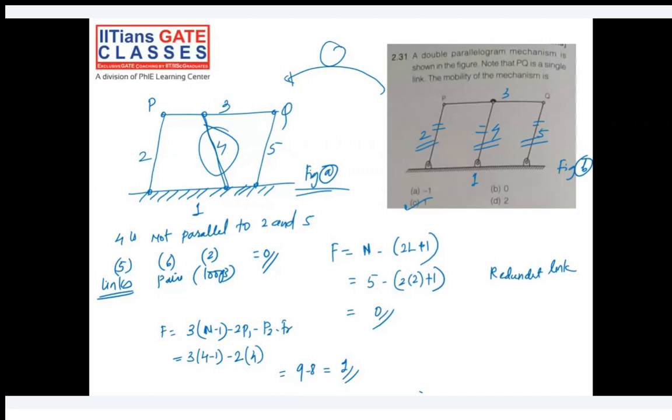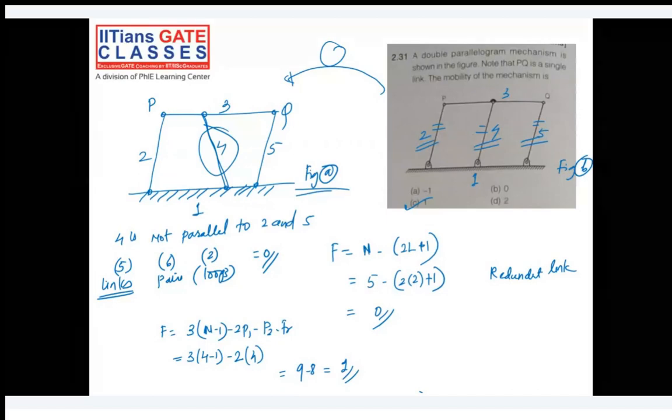So basically this mechanism will move, whereas this other mechanism will not move. It looks like it will be stuck, with 0 degrees of freedom. Is it clear? Yeah.